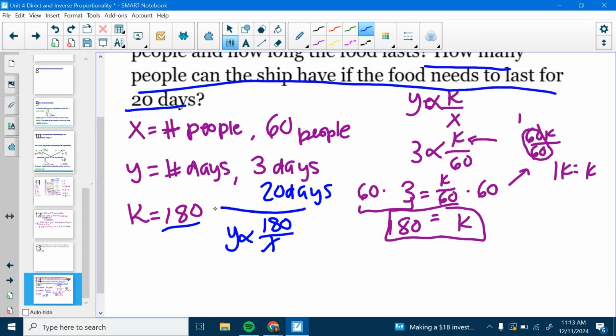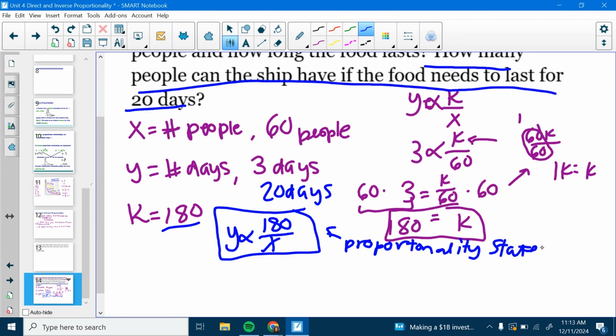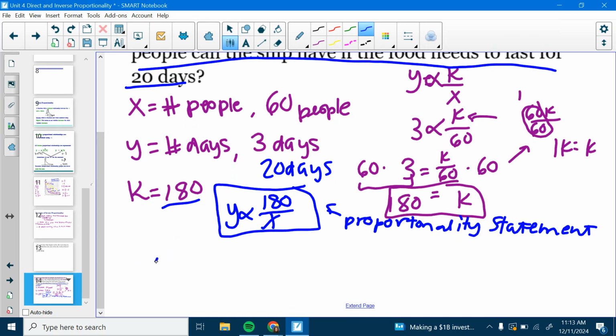That's my proportionality statement. And so I'm going to plug in the y that I know. So I have 20 is equal to 180 over x.